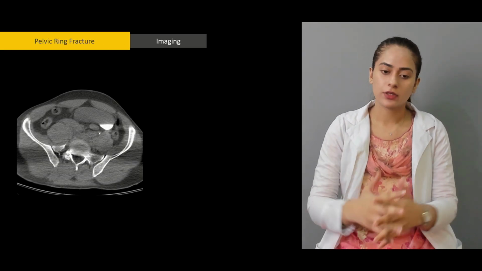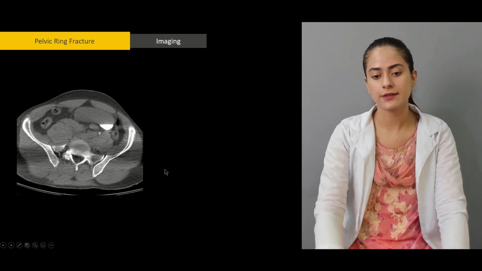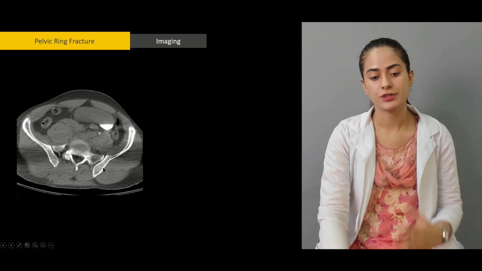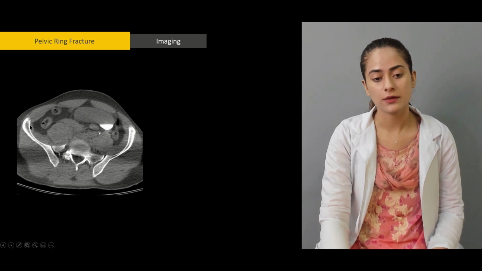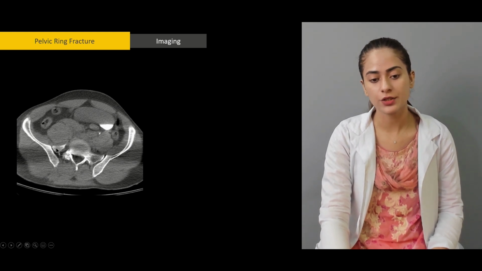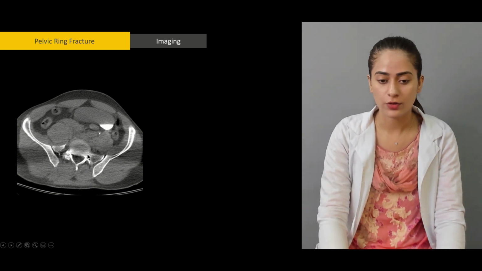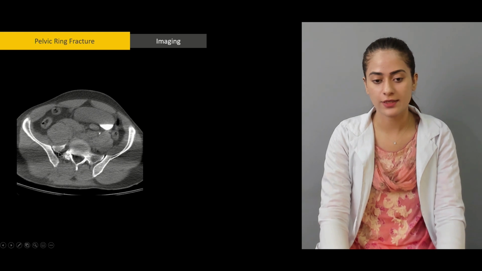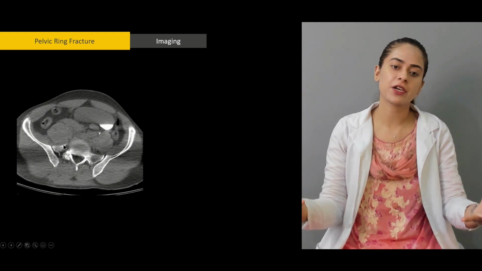Now we're going to look at this. This is a CT scan. This is a cross-sectional CT scan. So what we're seeing here is the sacrum, the vertebral body, the ilium or the spine here, and again, comparison will help you. So look at this and then look at this. This is completely fractured here, and this is continuous, right? So you can easily pick up fractures.